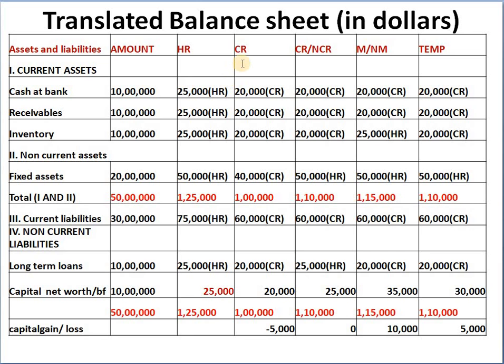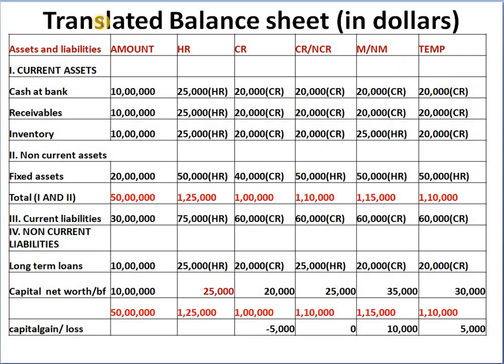Under current rate method, it is recorded at the current rate. What is the current rate? Current rate is 50. So 10 lakh divided by 50, you will get 20,000. Again go on dividing by 50, you'll get 20,000 each time.